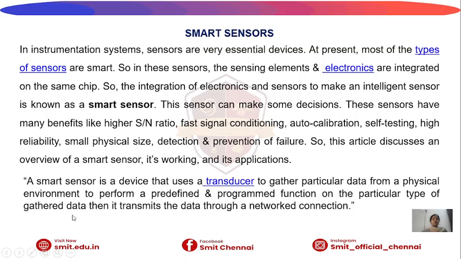So the definition of a smart sensor is that it is used as a transducer to gather particular data from a physical environment, to perform a predefined and programmed function on the gathered data, and to transmit the data through a network connection.